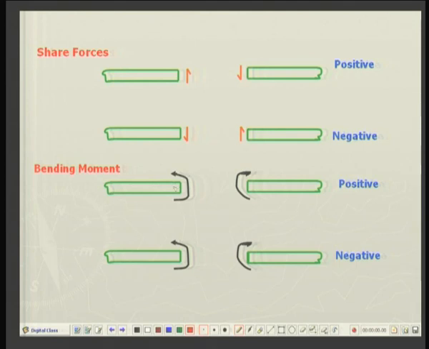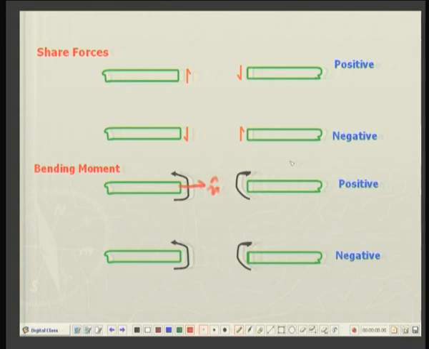Again, on a positive surface, because here is the unit normal in the positive x, this is the unit normal. So, on a positive surface, an anti-clockwise moment, that is the positive moment, will give me a positive bending moment. On a negative surface, a clockwise, that is negative moment, will give me a positive bending moment.